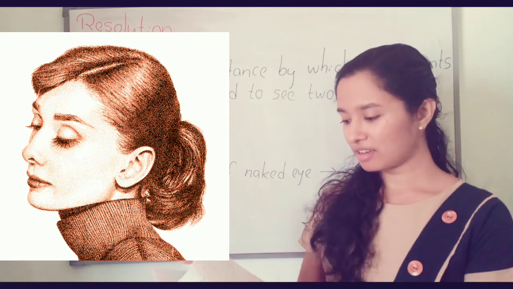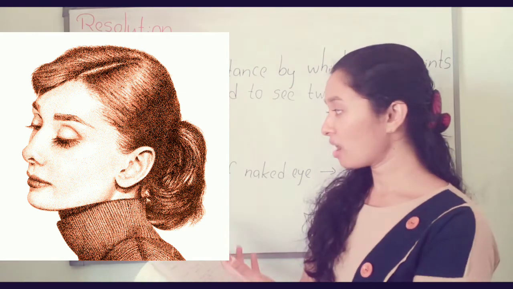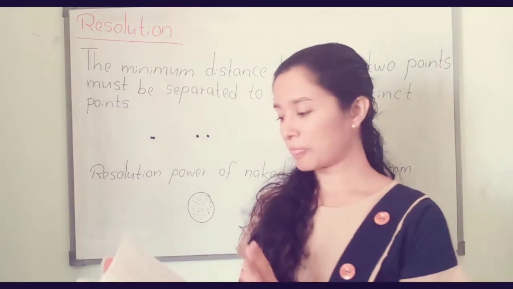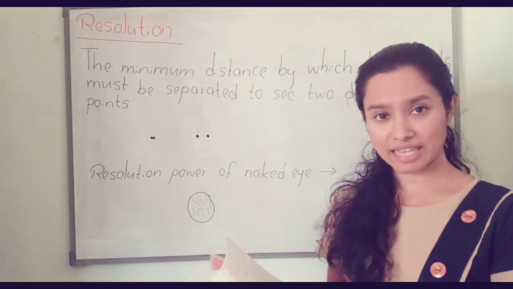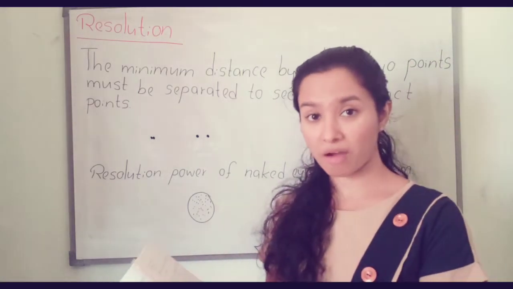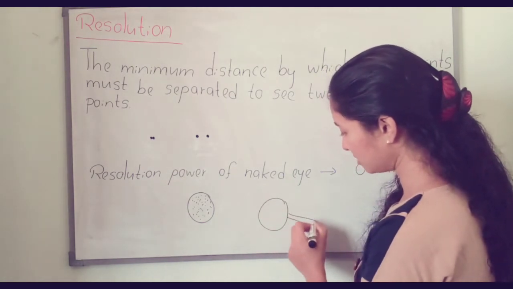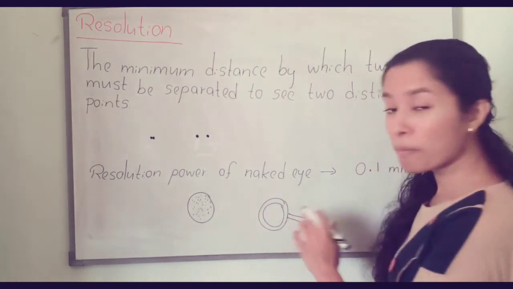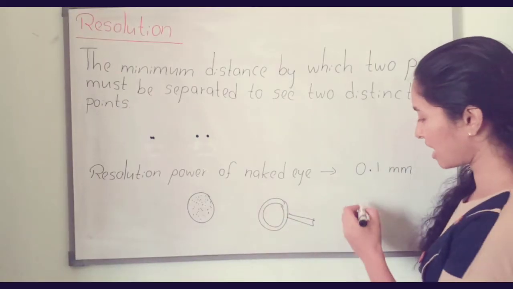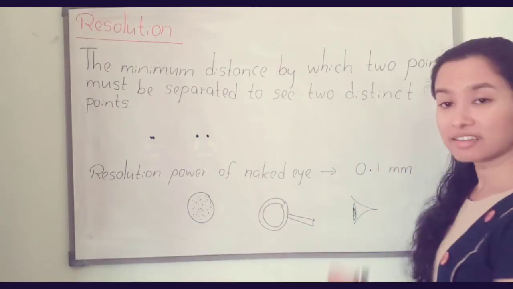Here you can observe these small dots very clearly, more clear than with our naked eye. So you can realize that the resolving power of a hand lens is larger than that of our naked eye.